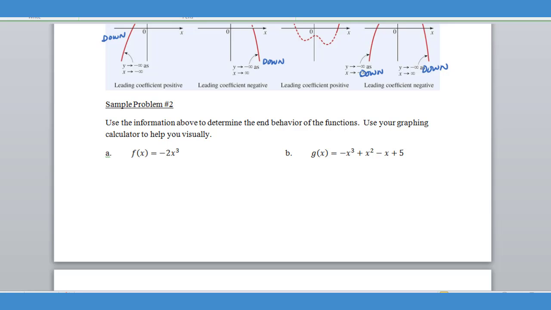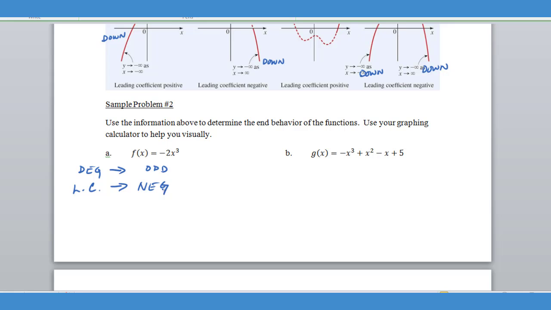Okay, so if I'm looking at this, I'm looking at f of x equals negative 2x to the third. The first thing that I want to look at is what is the degree value. And so the degree in this case is an odd degree. Then the second thing I want to look at is the leading coefficient. In this case, the leading coefficient is negative.